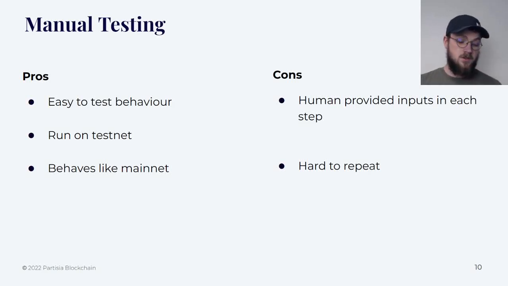However, since it is a human who is inputting, and we always have to go through all of the steps, it becomes harder to repeat. It's prone to errors. It's not very good for continuous integration, where these inputs are something that I have written down in a document that you should sit down and put into the testnet. So we would like something more automated.